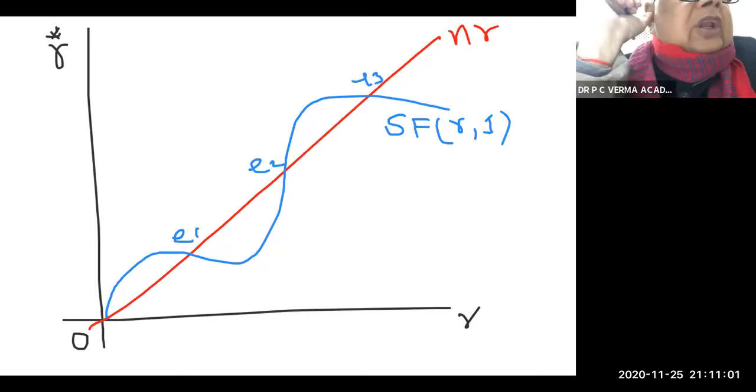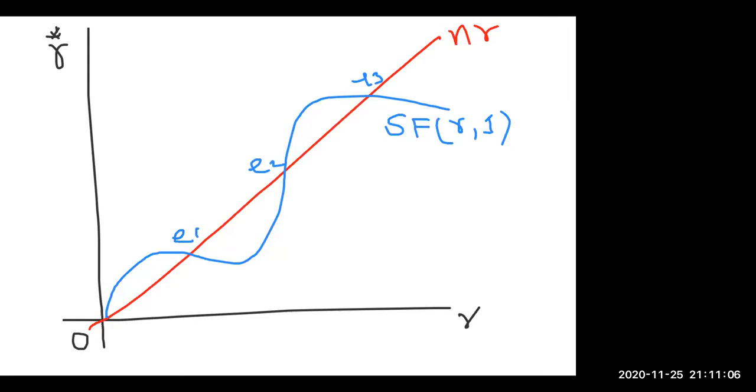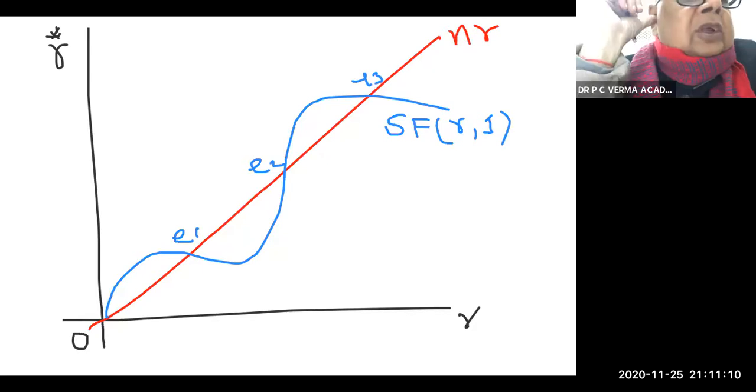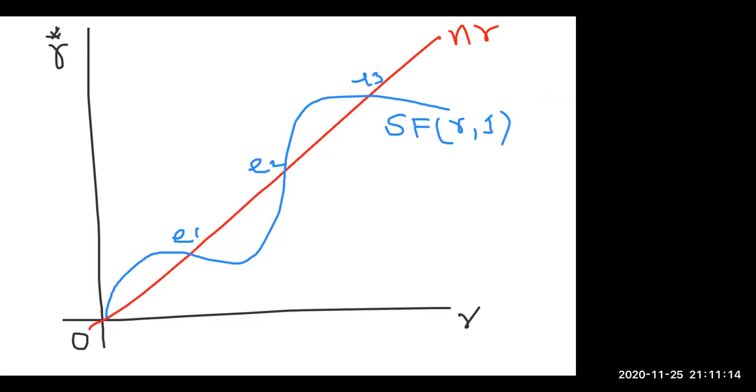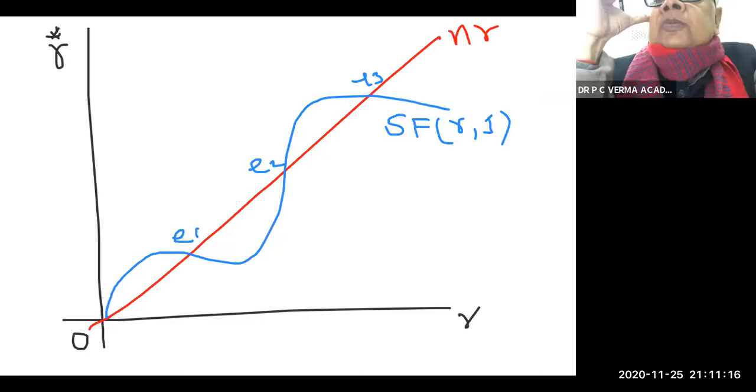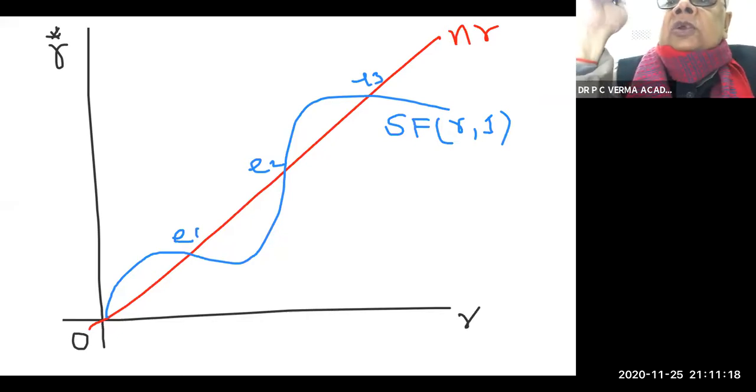In the Solow model, there is a decrease in marginal productivity of capital as the stock of capital grows, and therefore it always falls down. Again it goes up, again falls down.